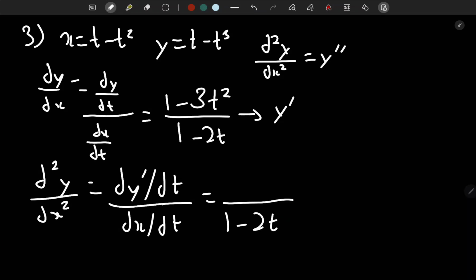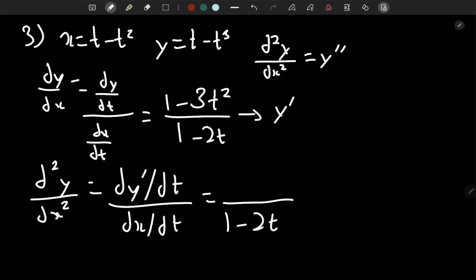And now this part, the numerator, is deriving the first derivative. So we have y prime and we derive it one more time with respect to t. As we have this entire thing, which is a fraction, we need to use the quotient rule to be able to derive y prime.